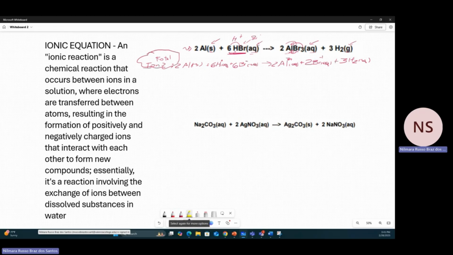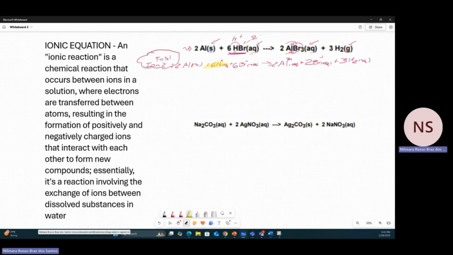But a sum of the elements, like here, let's look at this side. What do you have on the left-hand side? So we have 6 hydrogen over here, right? And do I have hydrogen separate over here? No. Iron? Nope.